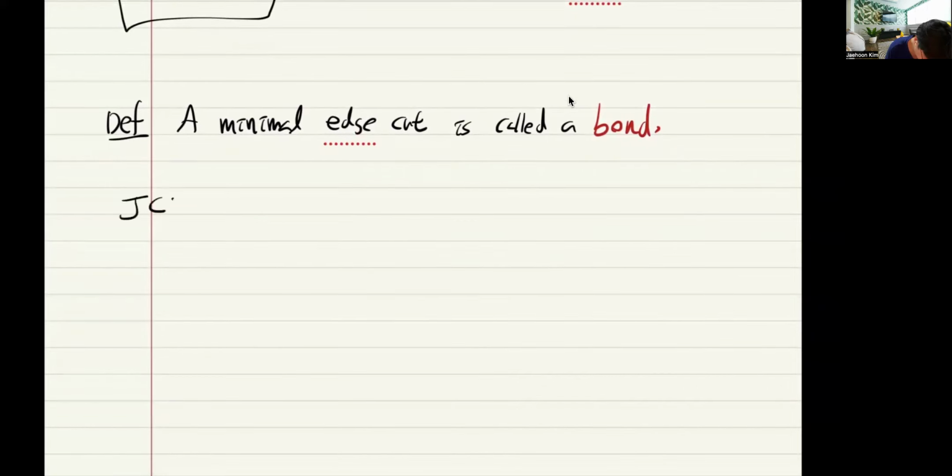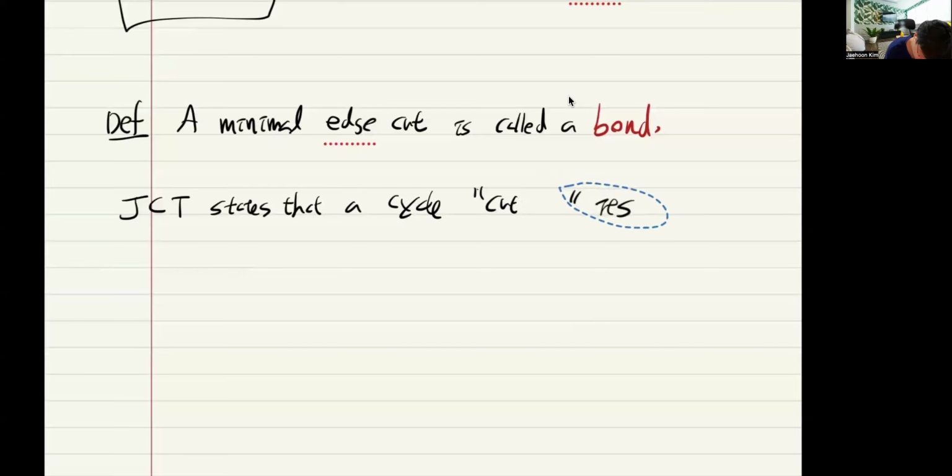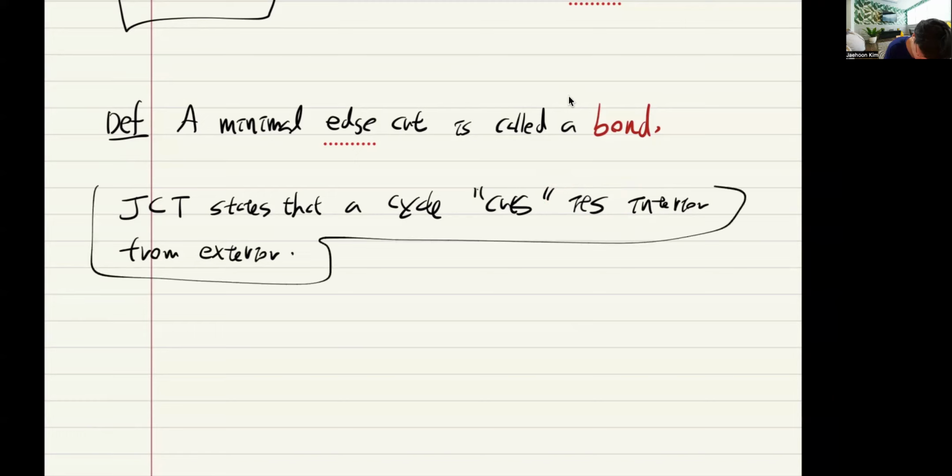So the Jordan curve theorem states that a cycle separates its interior and exterior, and those interior and exterior correspond to the vertices in the dual.